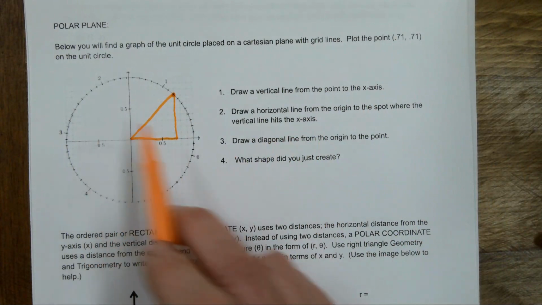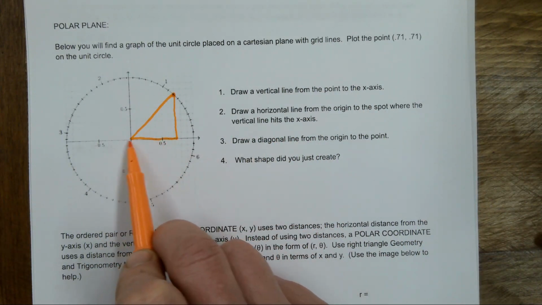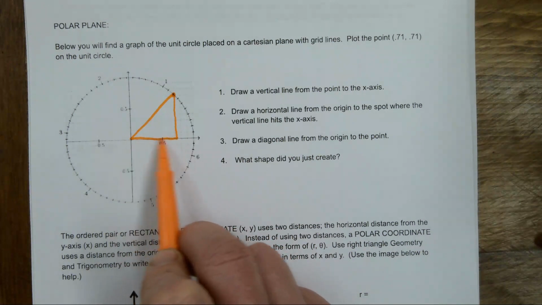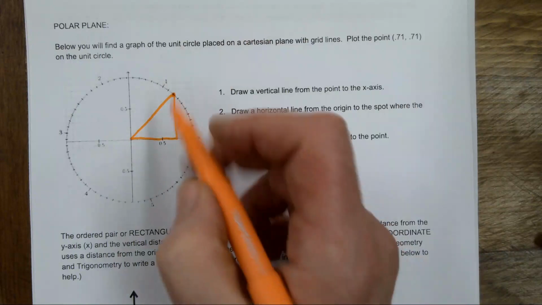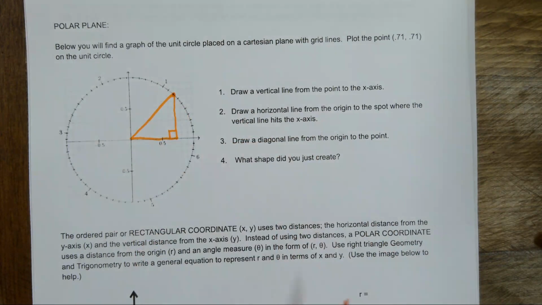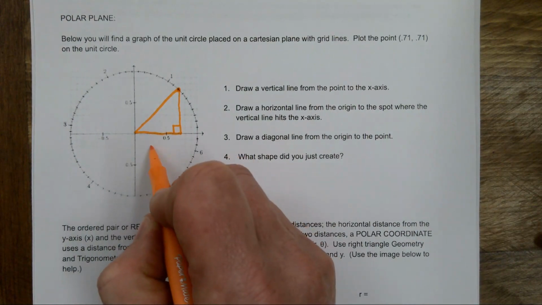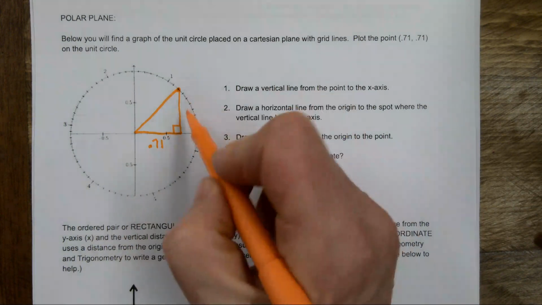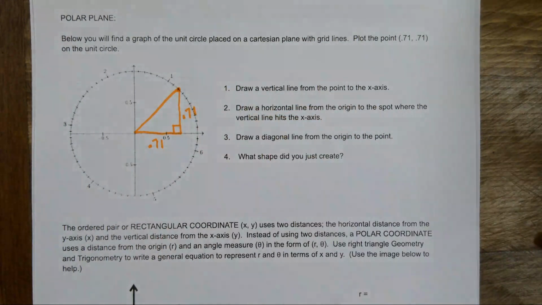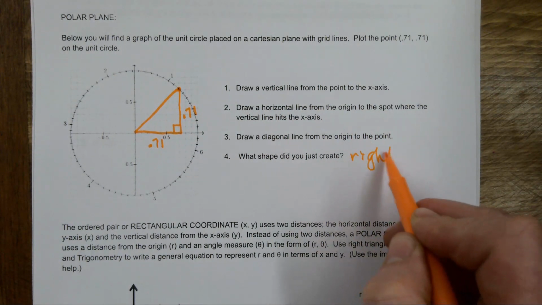And I just created a right triangle, and in fact, a right triangle that has 0.71 for the x value and 0.71 for the y value.